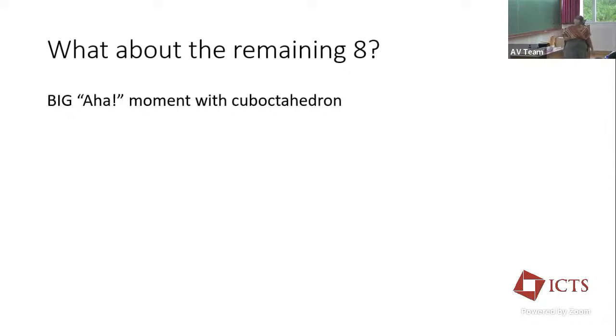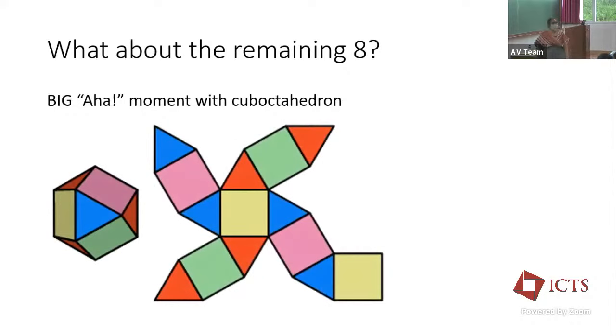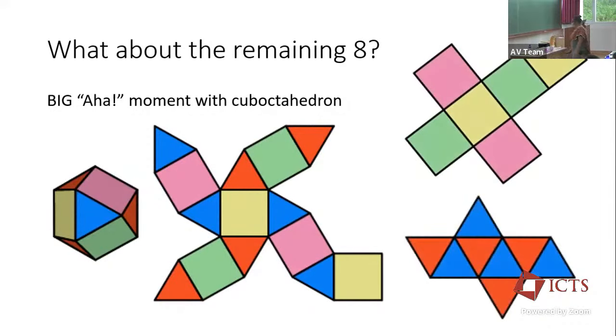Now for those who are joining online, this is the net. And if you unpack these two nets and combine them to make one solid, that's what you will get.